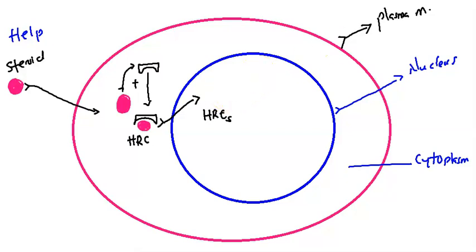Here we're going to have our hormone. Immediately it gets activated. And what we call this here is the activated complex. Remember, the hormone receptor complex, when it finds itself inside the nucleus, we call it the activated complex.